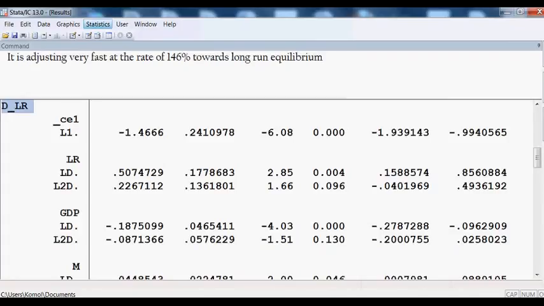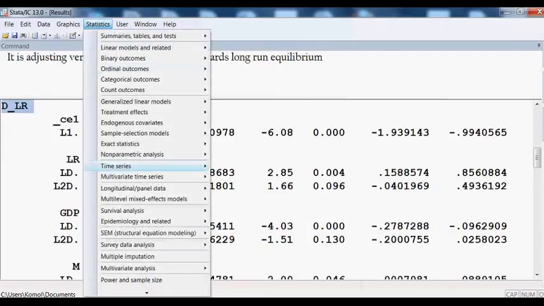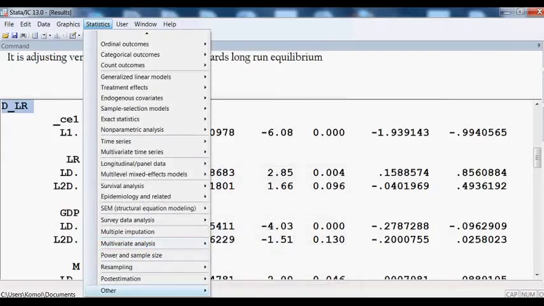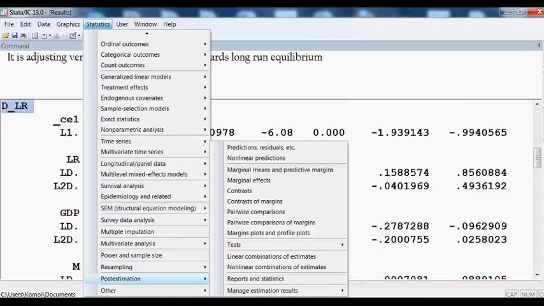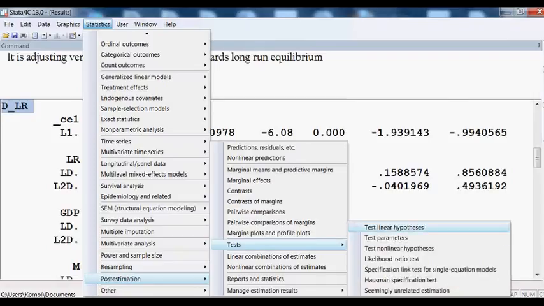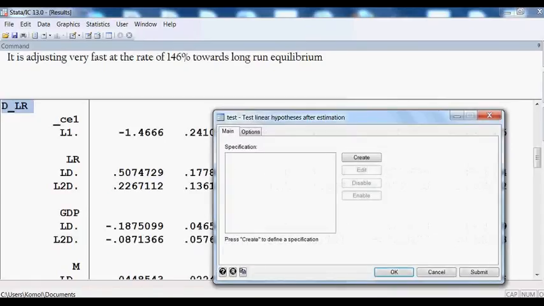So I go to statistics, then I come here, I go to post estimation, then I go to test, then I go to test linear hypothesis. Okay, then I have to create the specification.